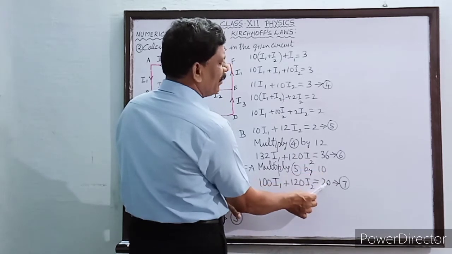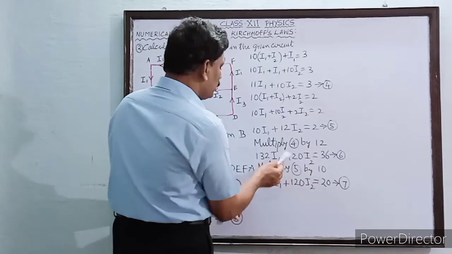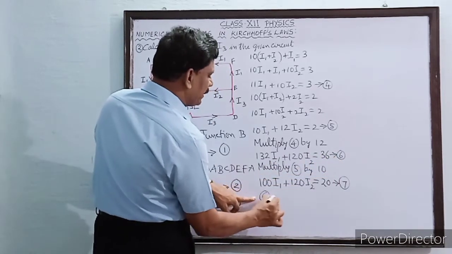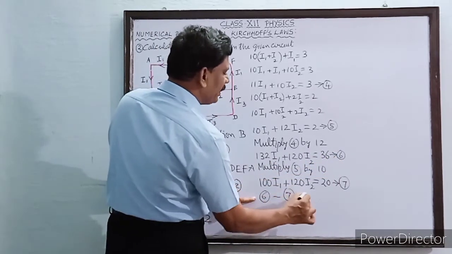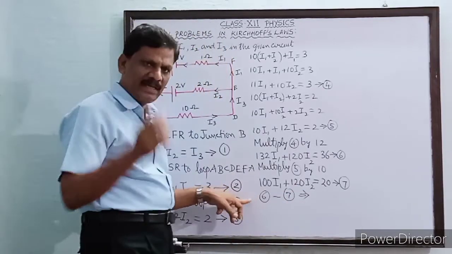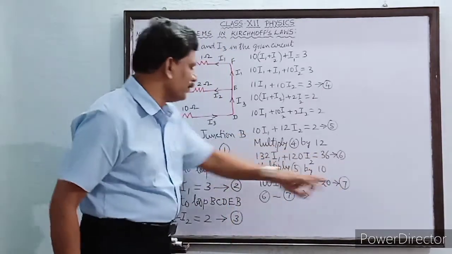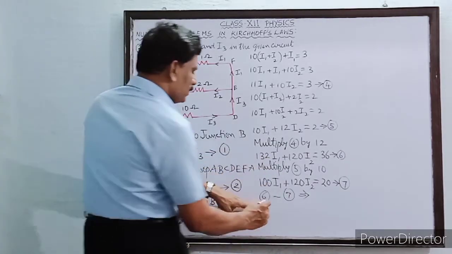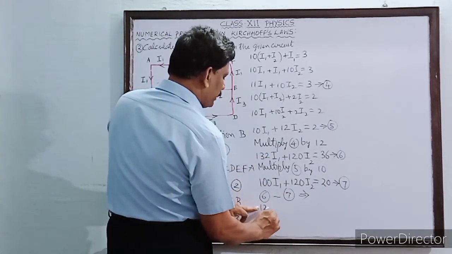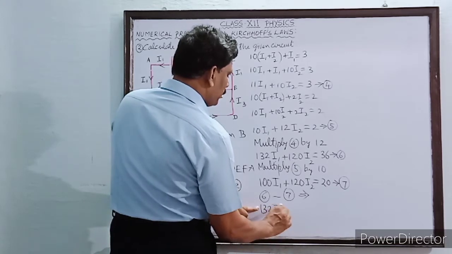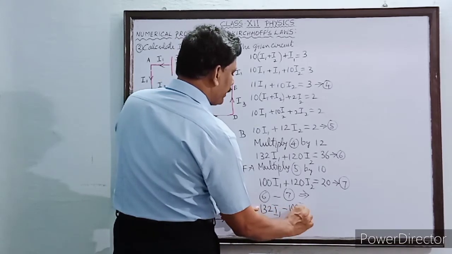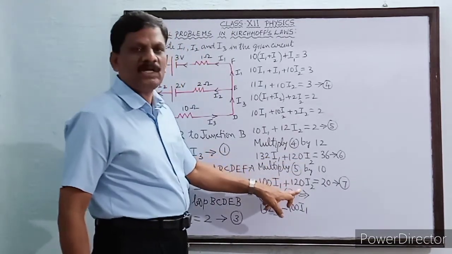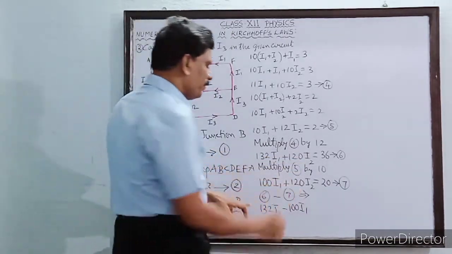So equation 6 minus equation 7 means 132 I1 minus 100 I1. Then 120 I2 minus 120 I2 get cancelled, so we need not write that.